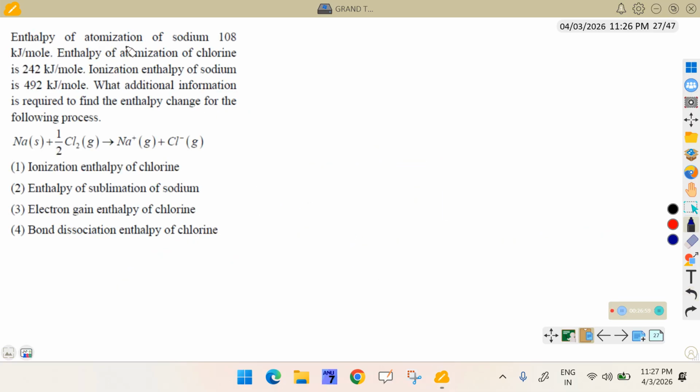The enthalpy of atomization of sodium is 108 kilojoule per mole. The enthalpy of atomization of chlorine is 242 kilojoule per mole. The ionization enthalpy of sodium is 492 kilojoule per mole. What additional information is required to find the enthalpy change for the following process? This is related to the Born-Haber cycle.